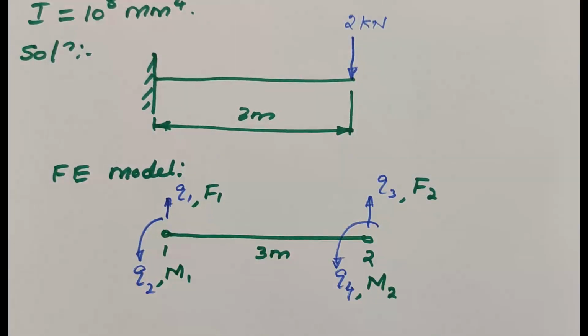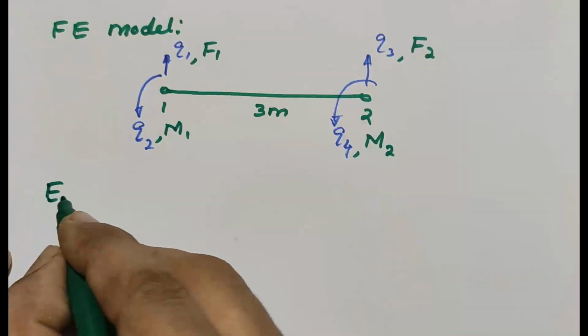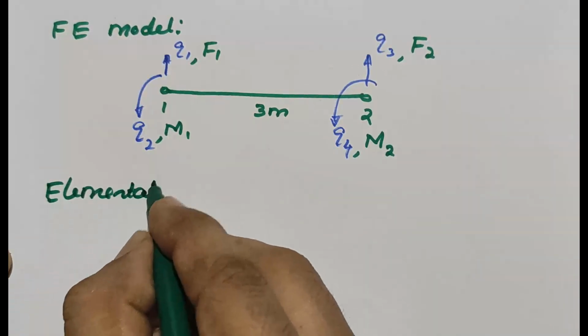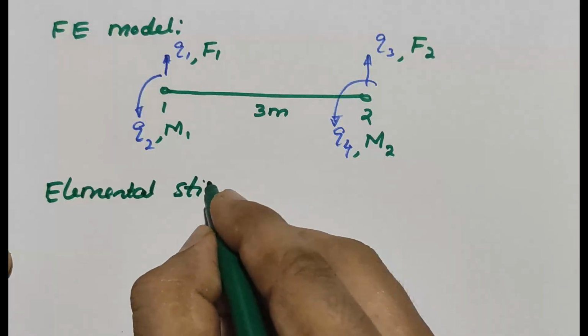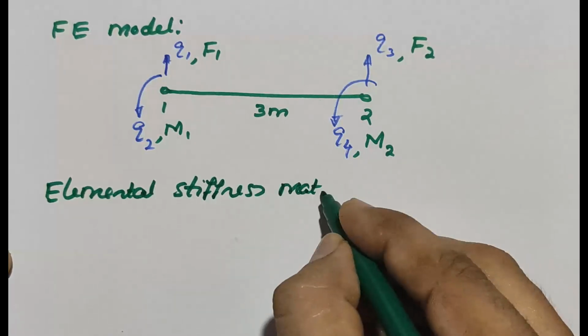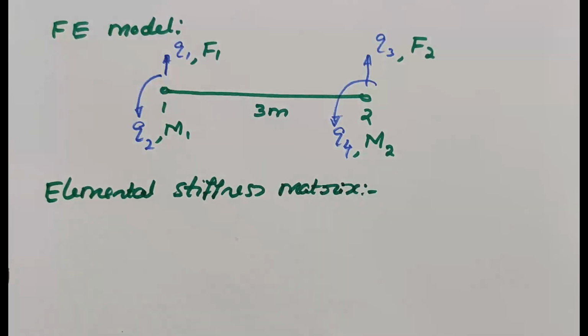Next is the elemental stiffness matrix. Here the elemental stiffness matrix will be equal to the global stiffness matrix because we have only one element in the FE model.